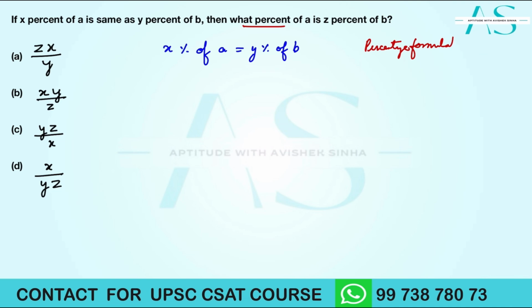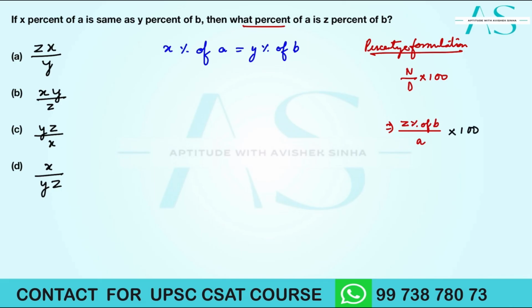For any percentage formulation, we need a numerator and a denominator multiplied by 100. So denominators are basically those values which come after the what part. किससे आपको compare करना? What percentage of A? So A will be the denominator. Z% of B becomes the numerator. Since this is a percentage value, so into 100.